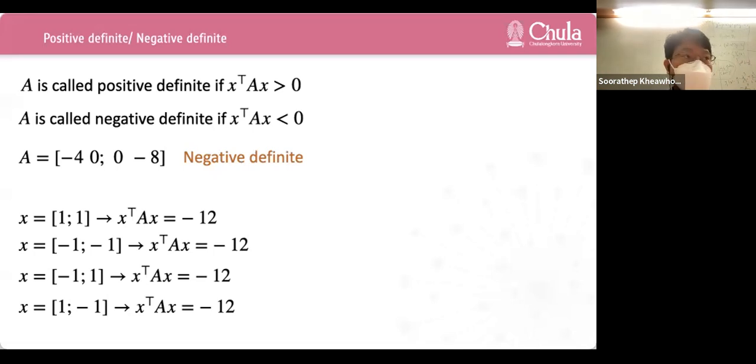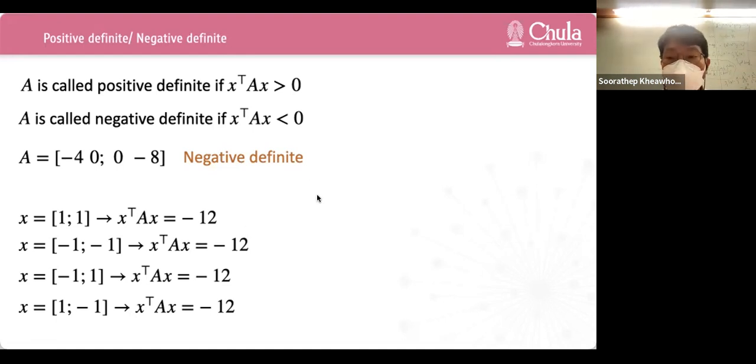for testing, it's quite tedious, right? Because you have to apply various x, and all of them must follow this expression: x transpose Ax must be positive or negative. You cannot guarantee that no matter how many values of x you test, because if you fail to satisfy this condition with any value, it becomes non-definite, undefinite.